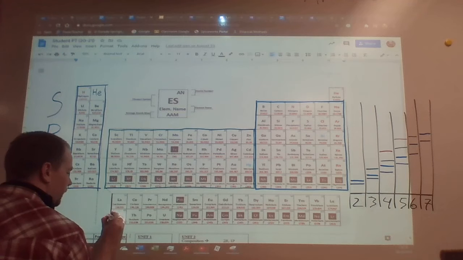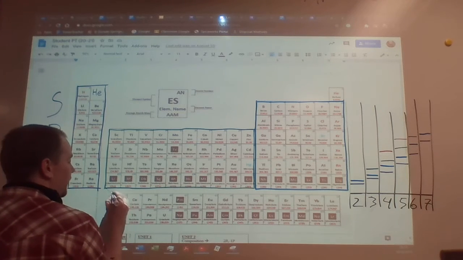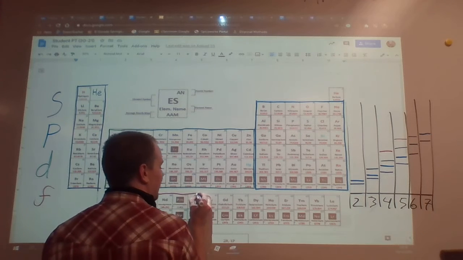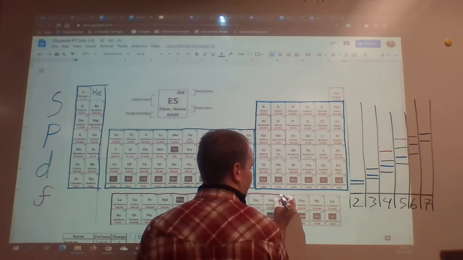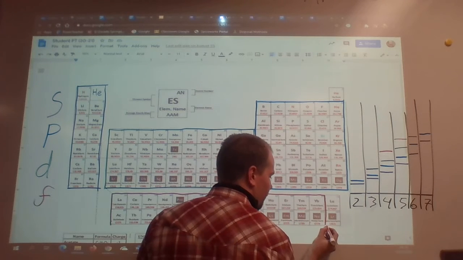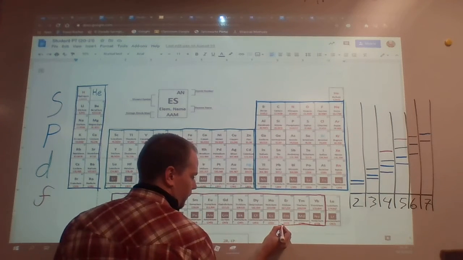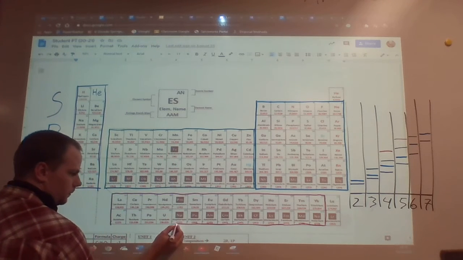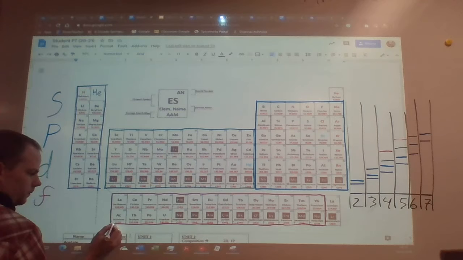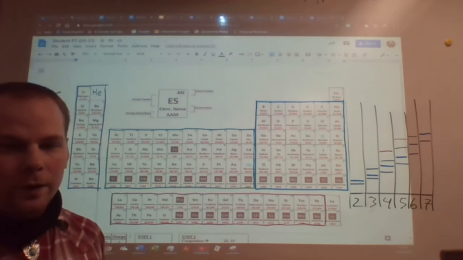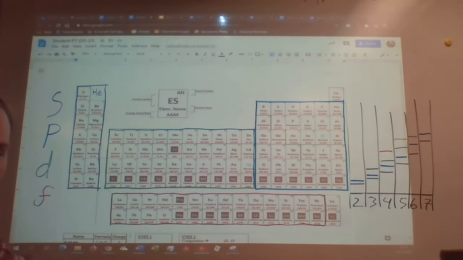So the F block is these elements, the lanthanides and the actinides. But 2 of the elements down here are not lanthanides or actinides. They are transition metals. So lutetium and lawrencium are not part of the F block. There. So hopefully this should be helpful as we move forward.